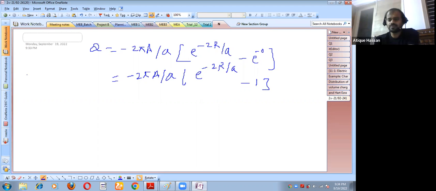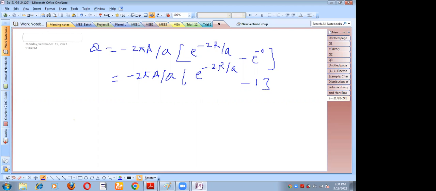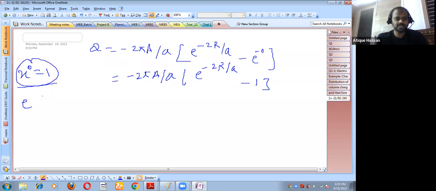If it has not been multiplied by anything, then why is it not 0? It's a formula that x to the power 0 is equal to 1. So here x is e. Okay, why is x power 0 equal to 1? Again, the question remains the same.